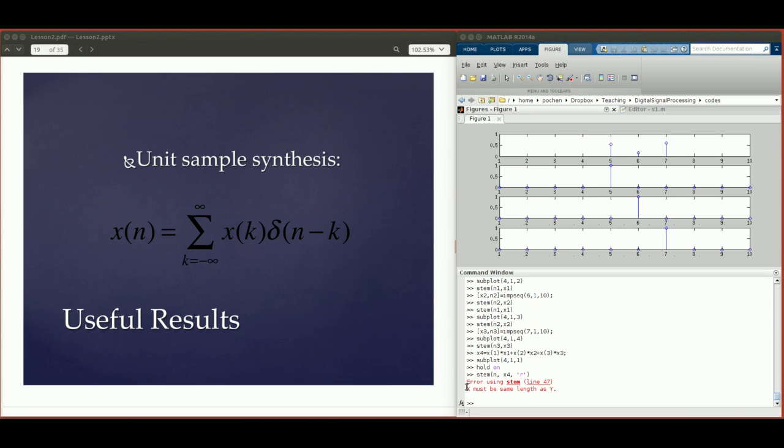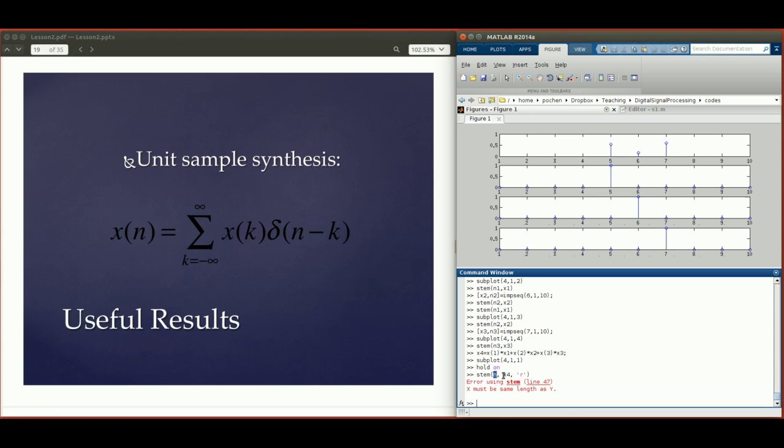So it looks like I have an error message here because n has just 3 elements in it, but x4 actually has 10 elements in it, because x4 is like a superposition of x1, x2, and x3, and the size of x1, x2, and x3 is like 10, I think. So that's the reason it's actually reporting errors. So x4 actually has the same length as x1, x2, and x3, right?